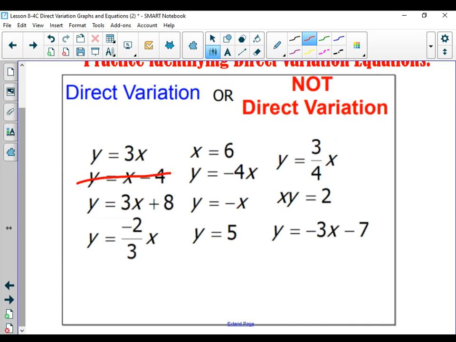Because it has to go through the 0, right? What if it says plus 8? No. Do you want to cross it out or write a note? Doesn't matter. It's up to you. Do you see anything else that doesn't work? You're forgetting negative 7. Oh, this one.